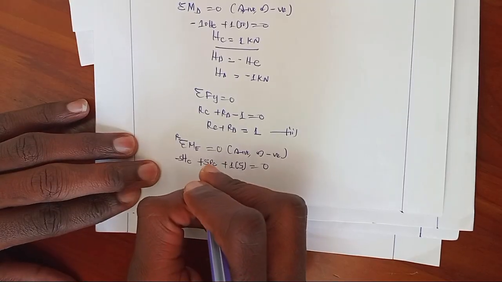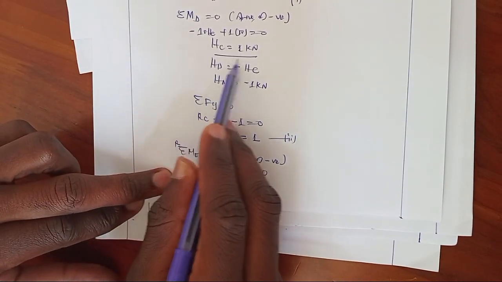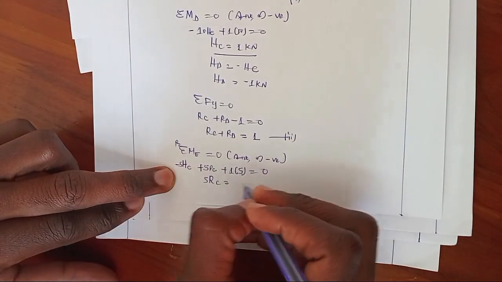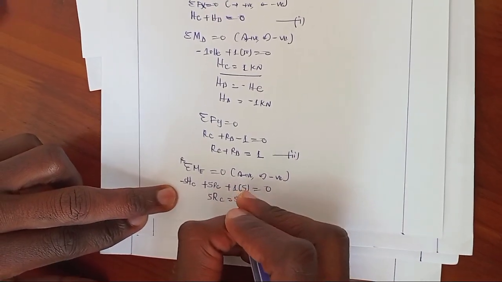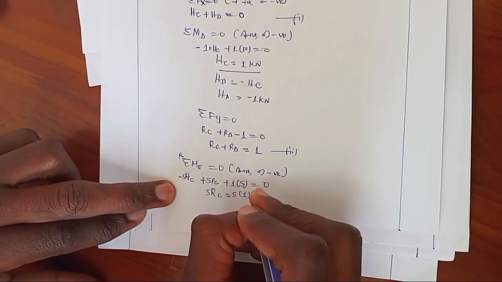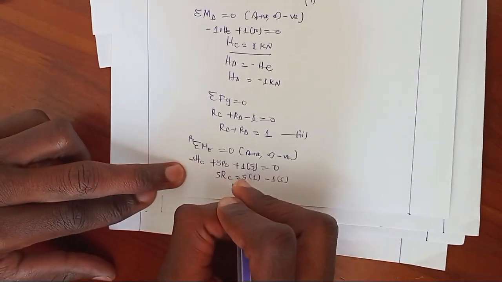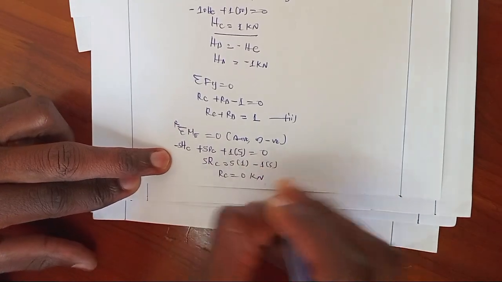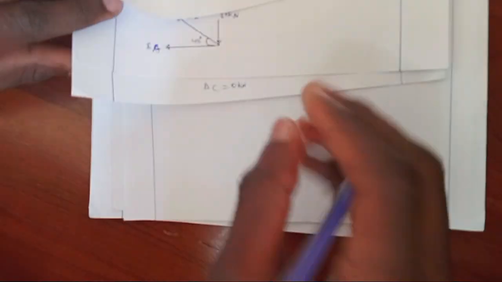So 5 LC is equal to 5 HC, which is 1, minus 1 times 5, so LC will be equal to 0 kilonewton.